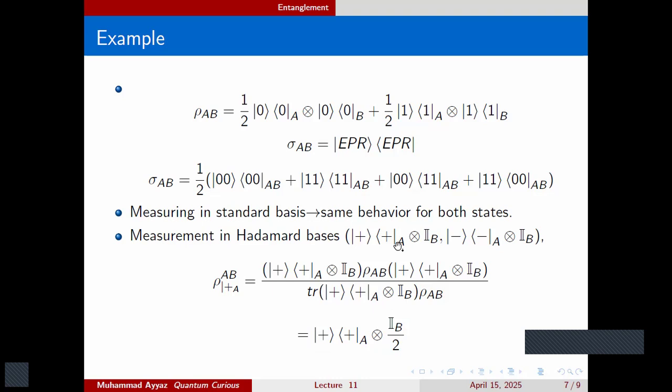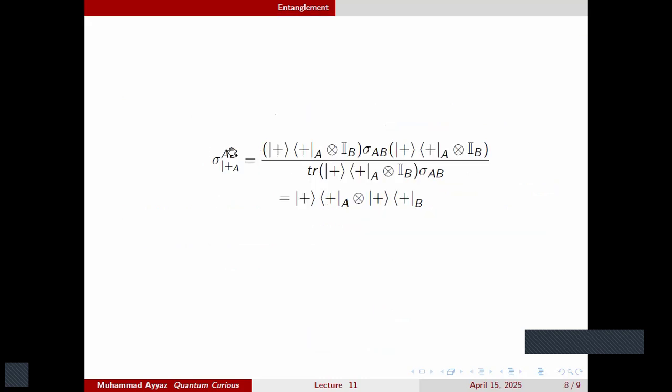So let's see if we do the measurement in the Hadamard basis for the EPR pair. What are we going to get in that case? Consider we again condition that we are going to get the outcome plus in system A for the EPR pair. We calculate the post-measurement state, and after calculation we could see that the states are going to be correlated.